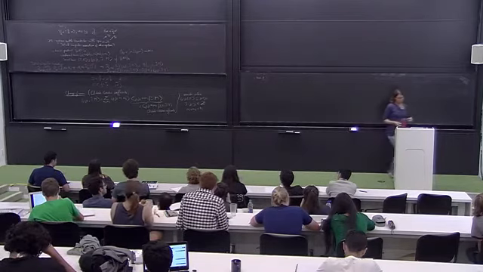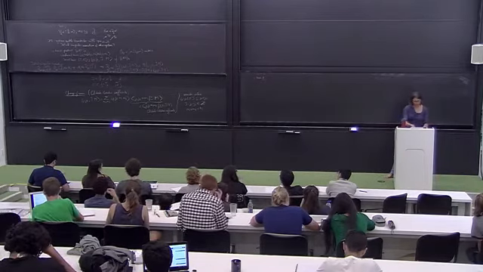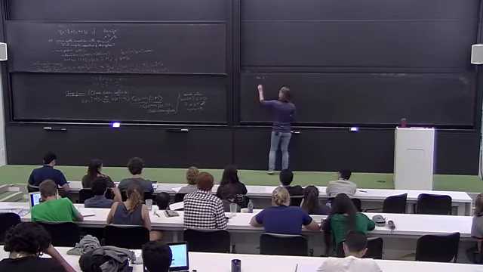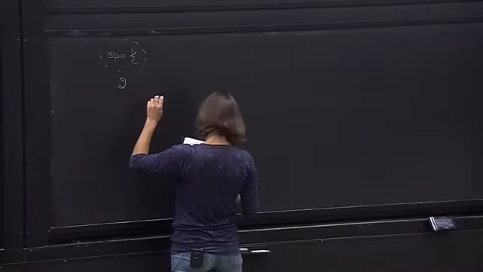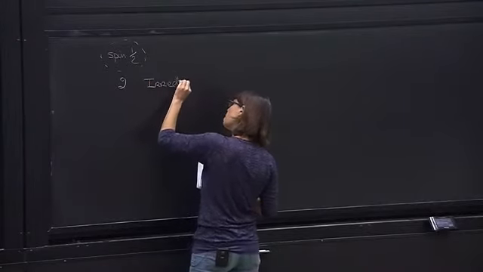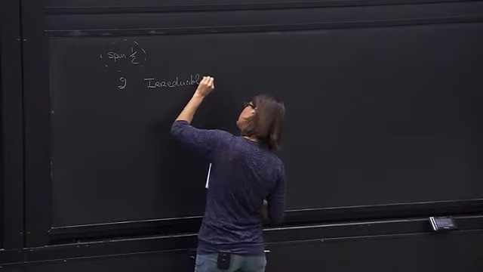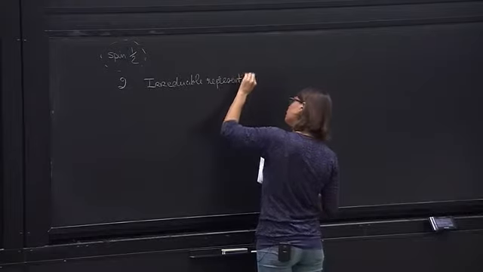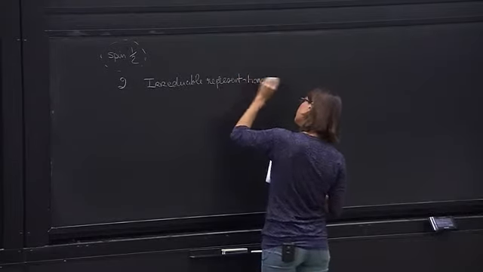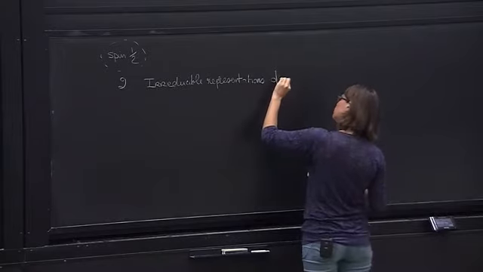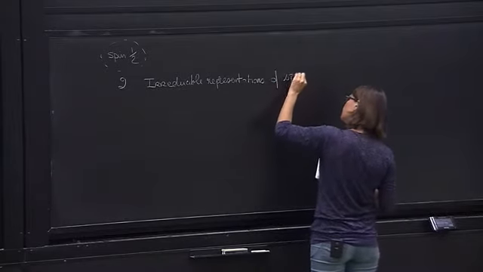Okay, so this is the second part, where we're going to look at irreducible representations of the special unitary group.